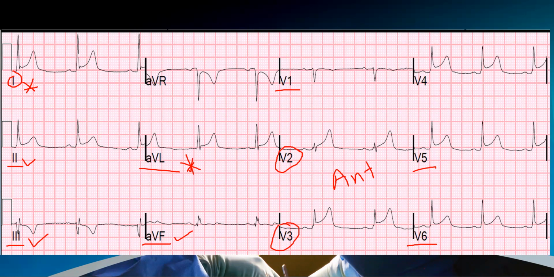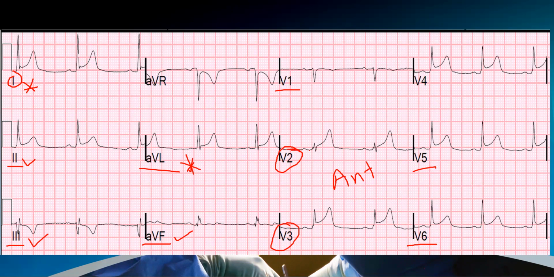So what you look for is ST elevation, right? So always start with the V1 to V6. So in the chest leads, try to find out if there is any ST elevation. V1 is normal. V2, now to know if it is an ST elevation or not, you have to know what is baseline.